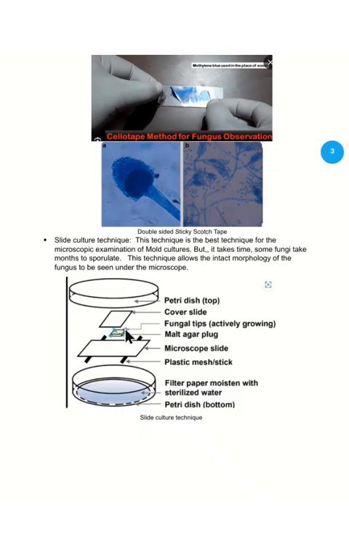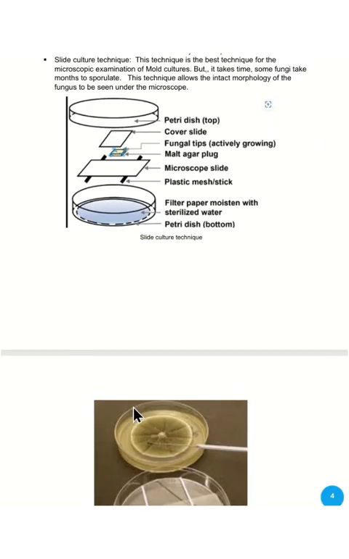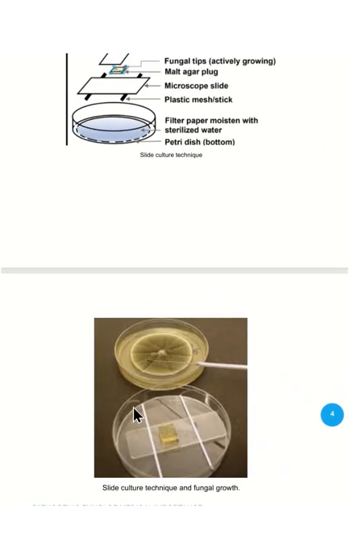We grow it on the sides of the block of agar, and then we incubate it with the petri dish in the incubator. Every time we take the petri dish out, and then this is how it looks.